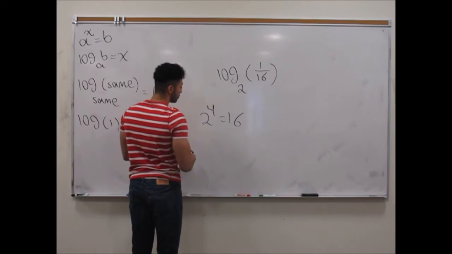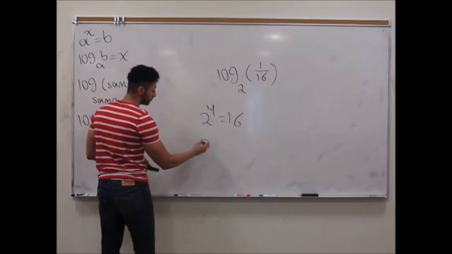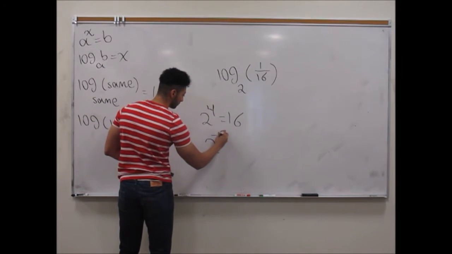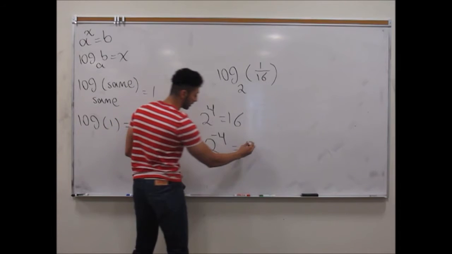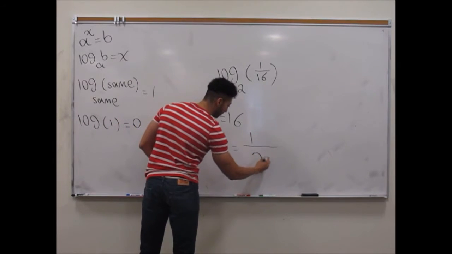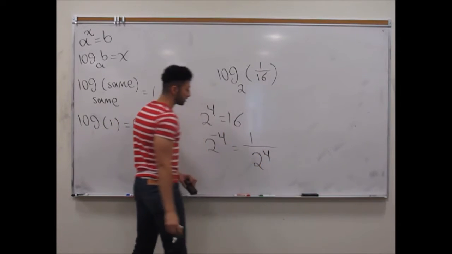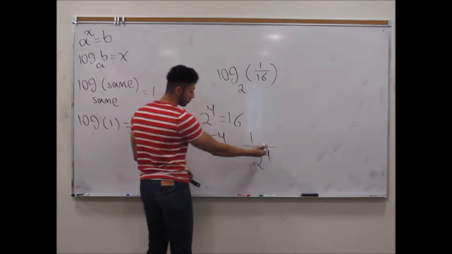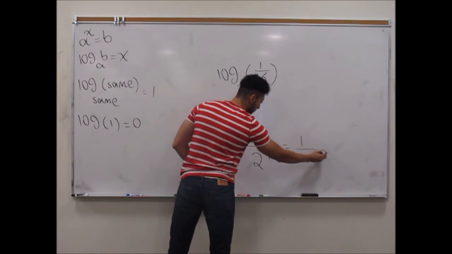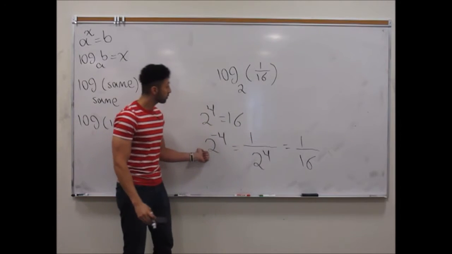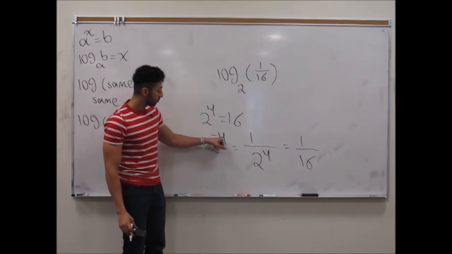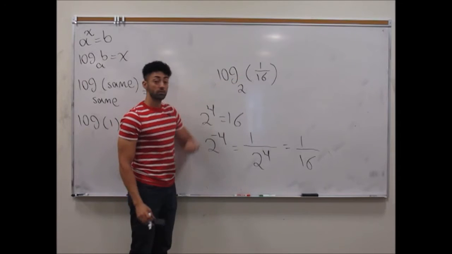If I change this to a negative exponent, that would be equivalent to writing that on the bottom with the positive exponent, and then 2 to the 4th power is 16, so we get 1/16, which is what I'm looking for. So 2 to the negative 4th power is 1/16.